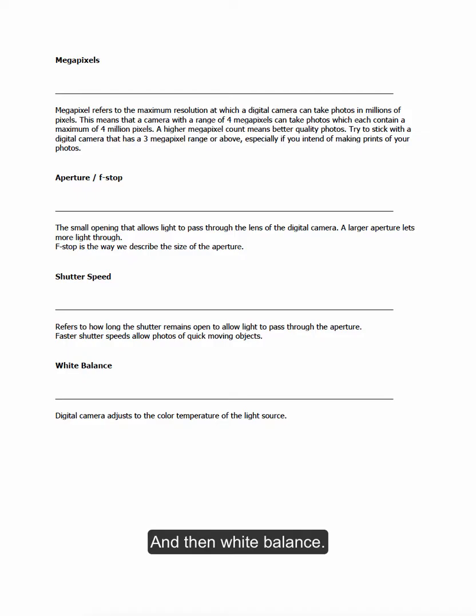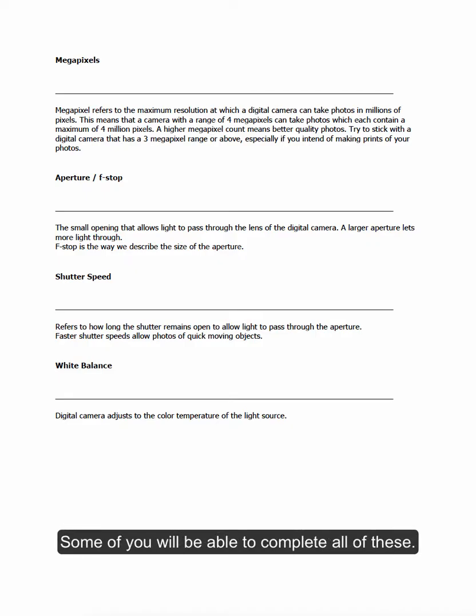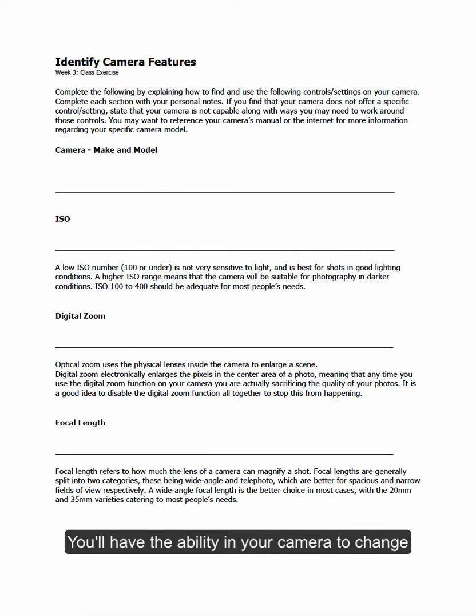And then white balance. Digital cameras adjust to the color temperatures of the environments and the light sources. So can you control the color temperature? Some of you will be able to complete all of these. You'll have the ability in your camera to change or adjust these settings.